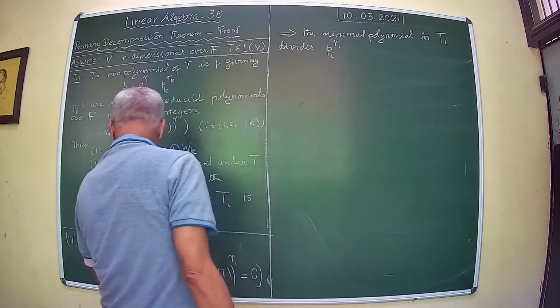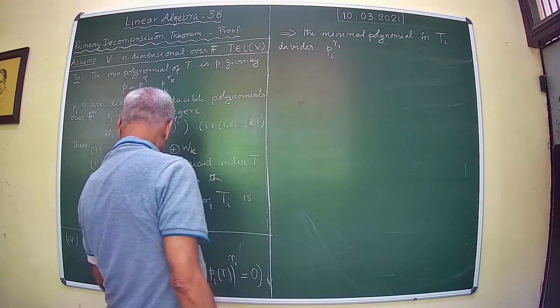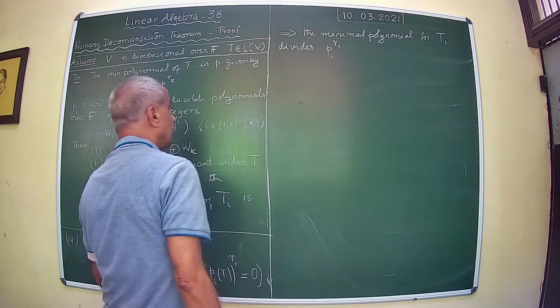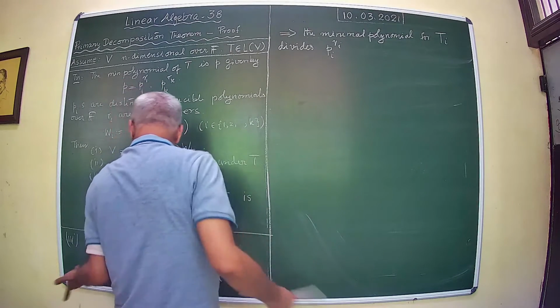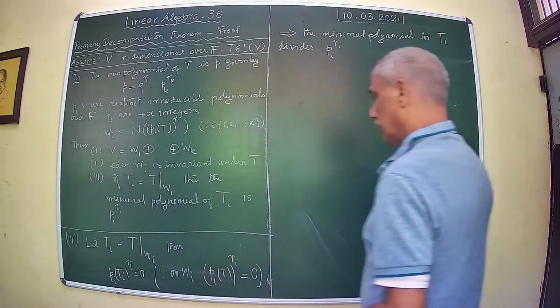This is an annihilating polynomial for all Wi. Therefore, the minimal polynomial should naturally divide it. So that's it.